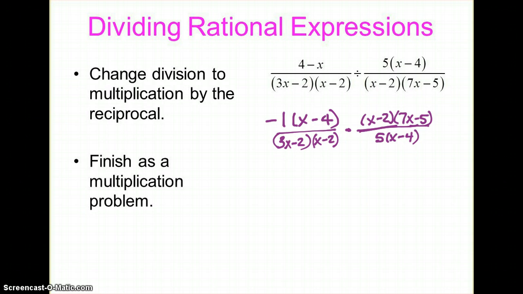Now, I do need to make sure that when I do my restrictions, not only do I use all the things in my original denominators as restrictions, but that if there's anything else that ends up in the denominator when I flip my fractions over, I include that as well. If you want to stop at this point and do your restrictions, for 3x minus 2, that's going to be 2/3.